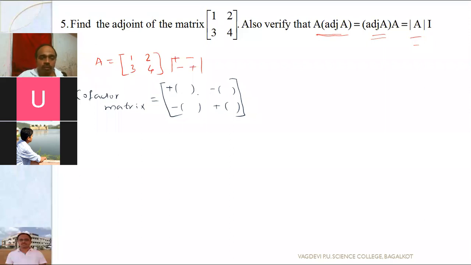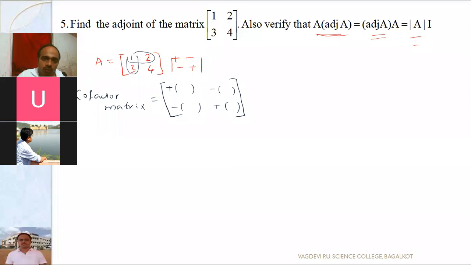So how to write that minor? Delete the row and column. So plus into, yes, for the cofactor of 1. 1 is here. Delete this row and delete this column. If I delete this row and column, which number is left here? Yes, what is the number left? 4. So you have to write 4.